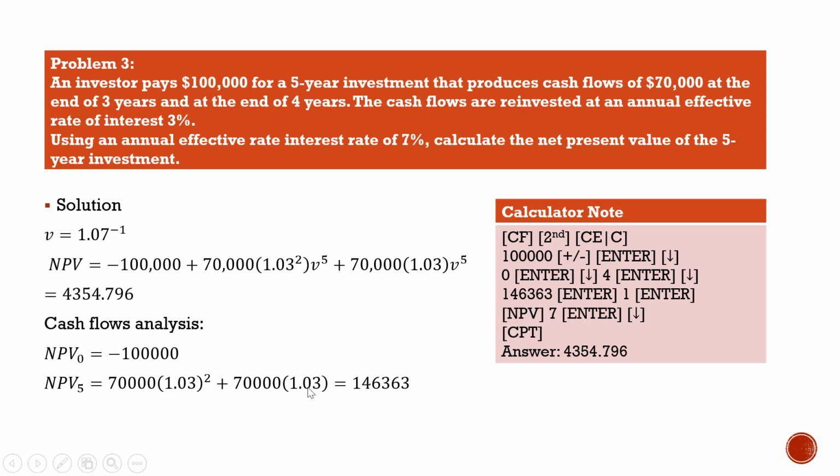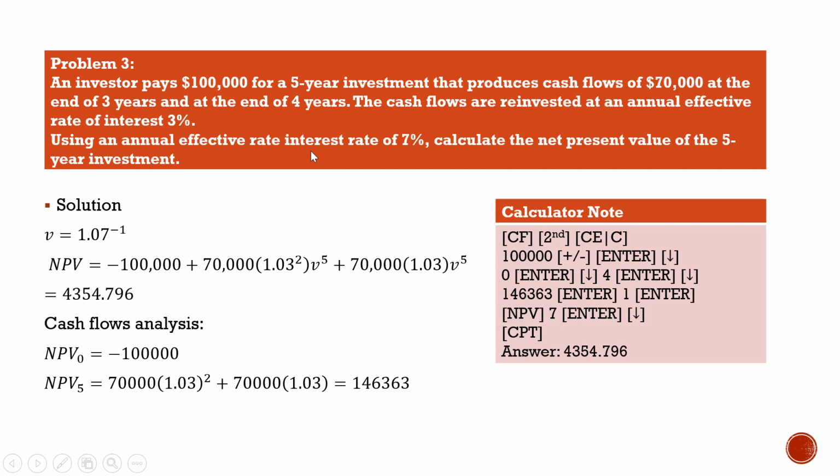Then at time 5, the cash inflow is 146,363. So we have 146,363, enter, 1 for frequency, enter again. And the question asks for NPV, so we hit NPV. After you hit NPV, the calculator will ask for the interest rate.